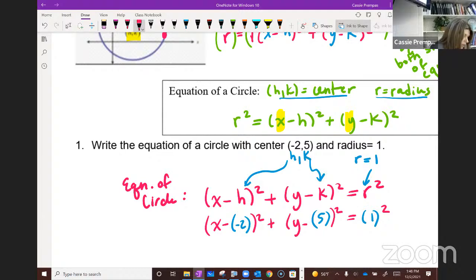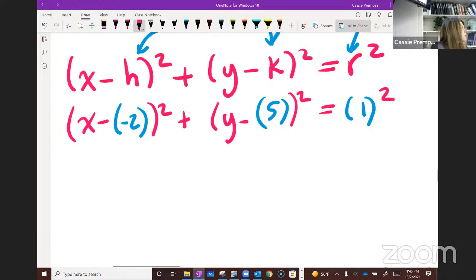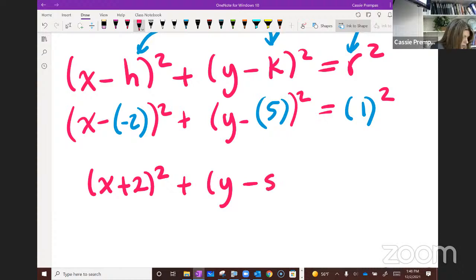The last thing I do is clean it up with what I know about math. What happens when you minus a negative? It makes it positive. So our actual equation would be x plus 2 squared plus quantity y minus 5 squared is equal to 1 squared, which is just 1. So that would be our answer.